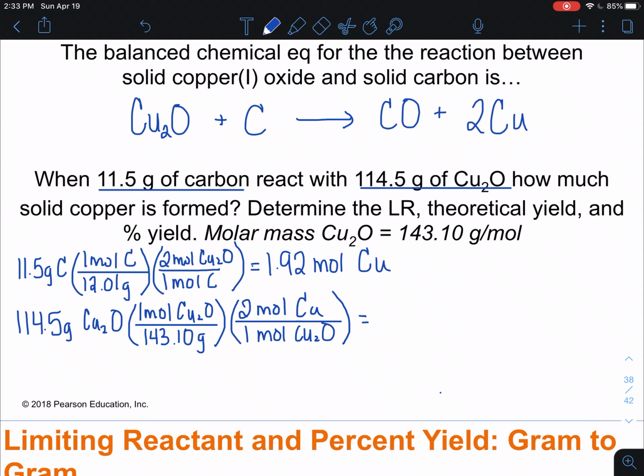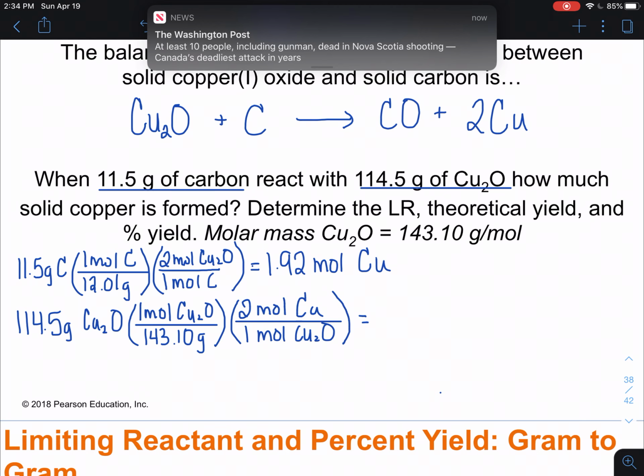So again, when we're determining the limiting reactant, we don't have to convert all the way to grams of product. We just need to get to moles of product, and then we can determine the limiting reactant from that. So 114.5 multiplied by 1 over 143.10, multiplied by 2 over 1.